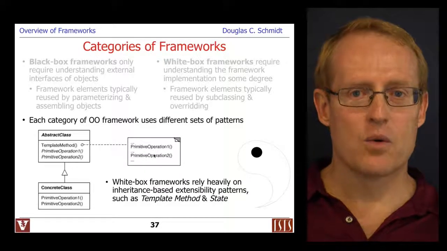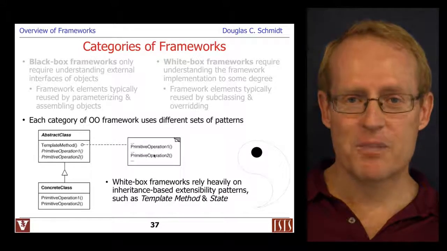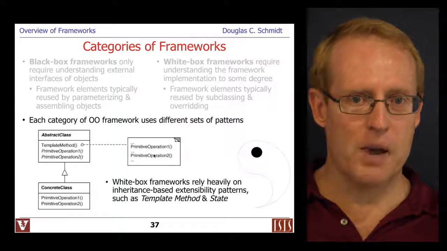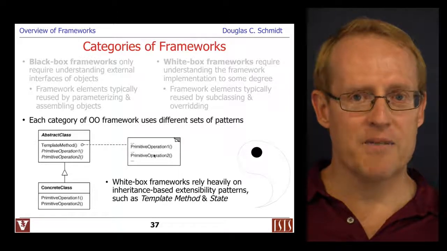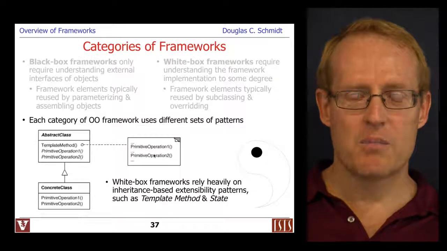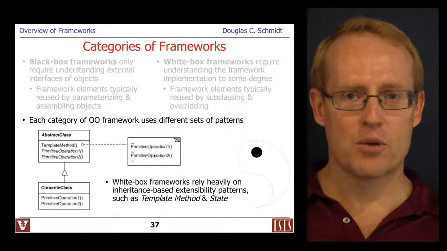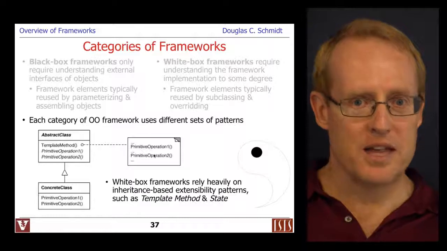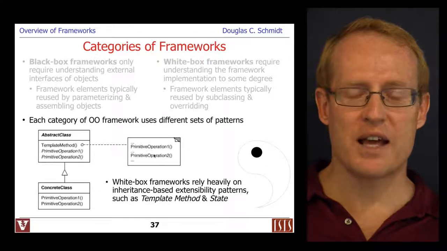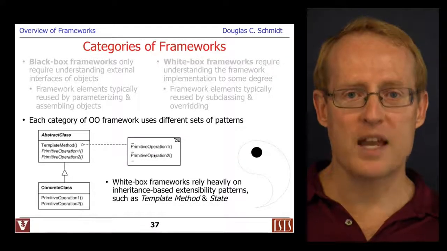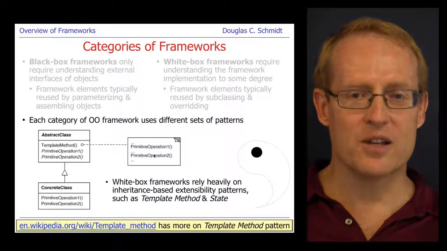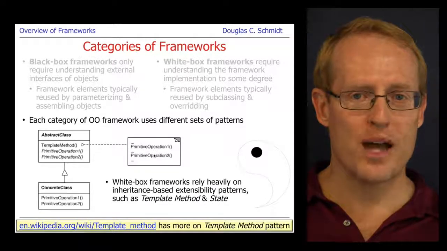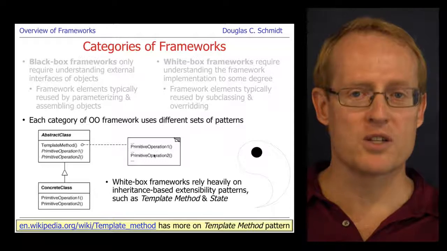Likewise, white box frameworks very typically use a different group of patterns, ones that tend to emphasize inheritance-based extensibility through subclassing and overriding of dynamically bound methods. Examples of patterns in this space would be things like template method or state. Once again, you can take a look and find out more information on the web about these patterns, which we'll also cover later.